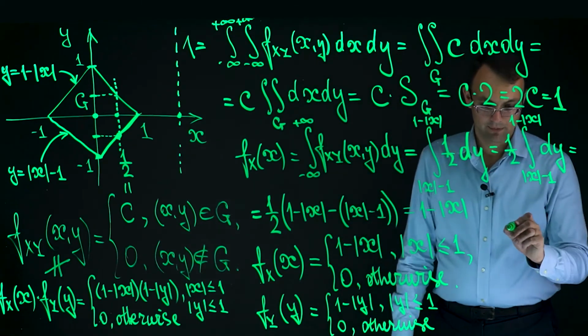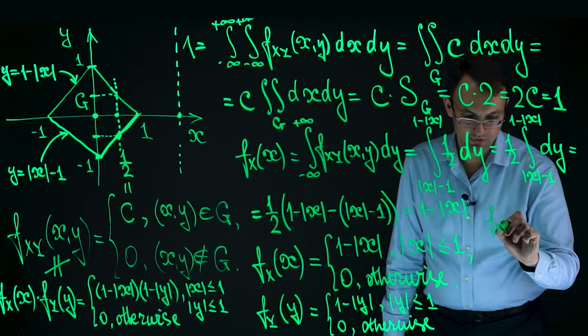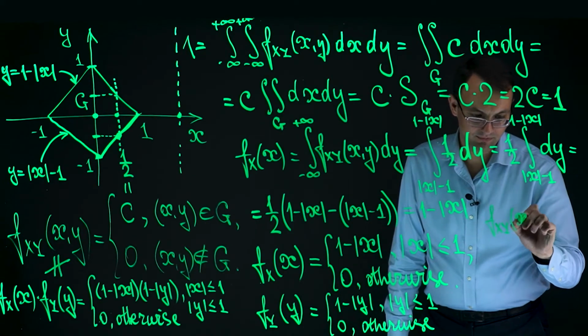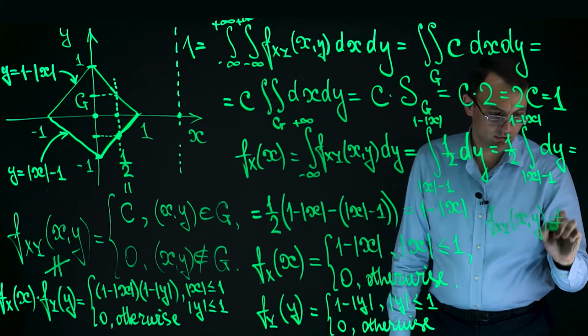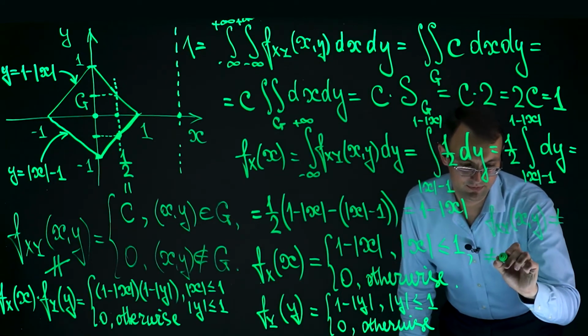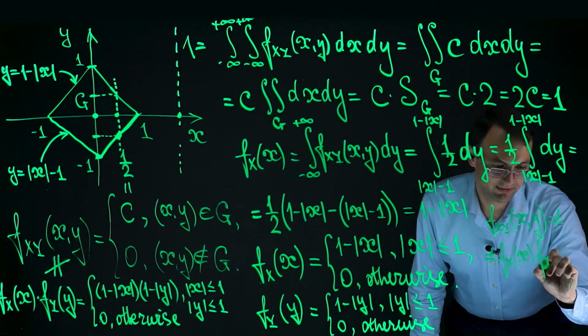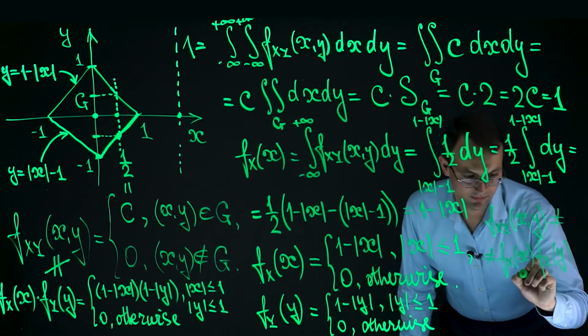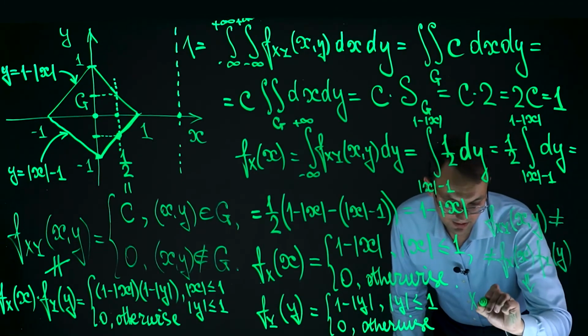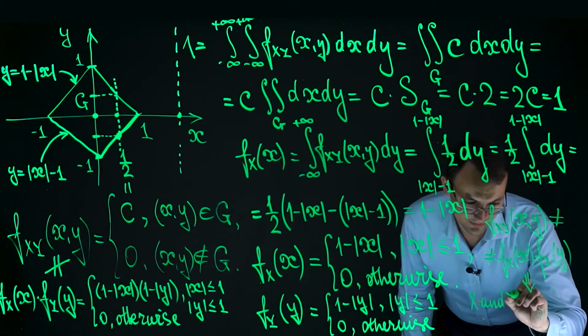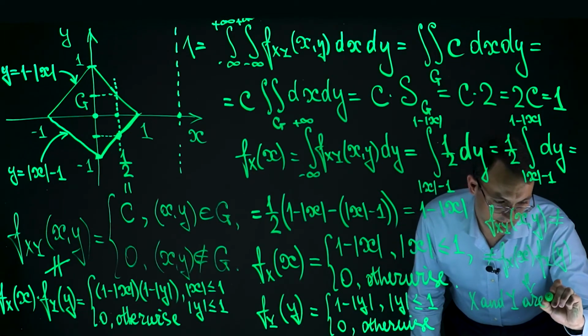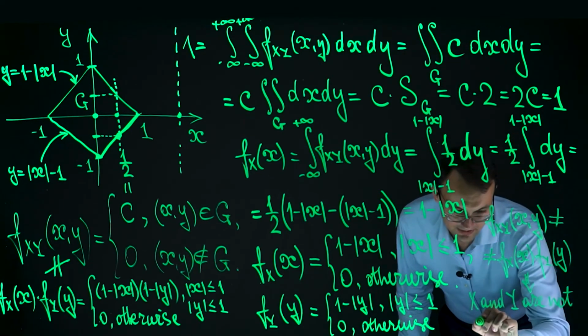So as joint PDF is not equal to the product of marginal PDFs, x and y are not independent.